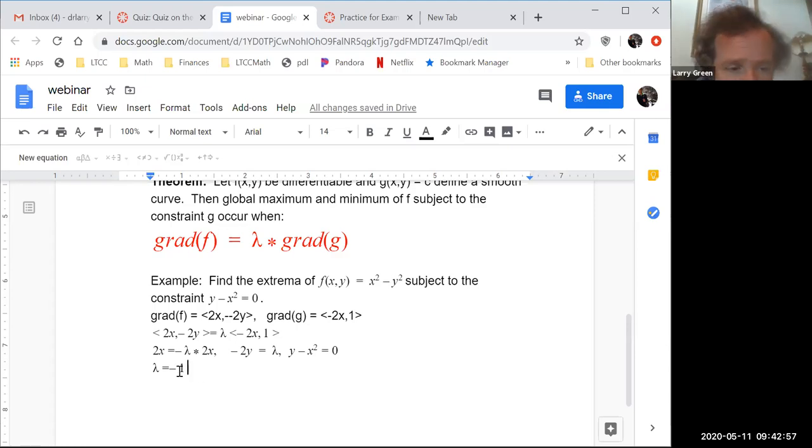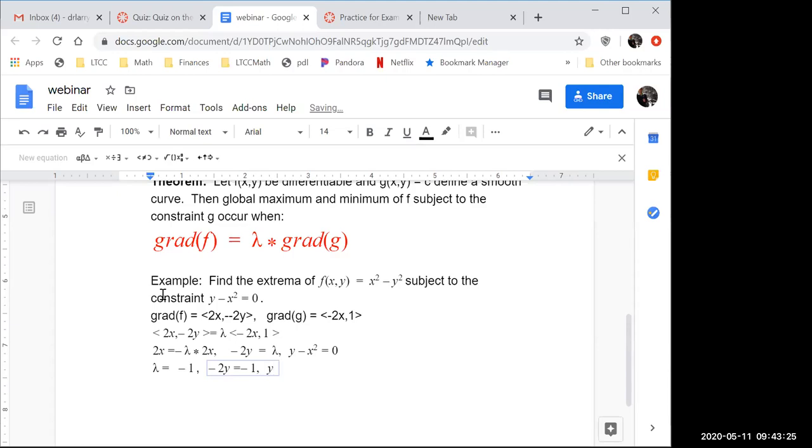All right. Once you have lambda, we can take that lambda and put it into our second equation, and then we can get y. So the second equation gives us that negative 2y equals negative 1. So what's y? 1/2. Yeah, y is 1/2.